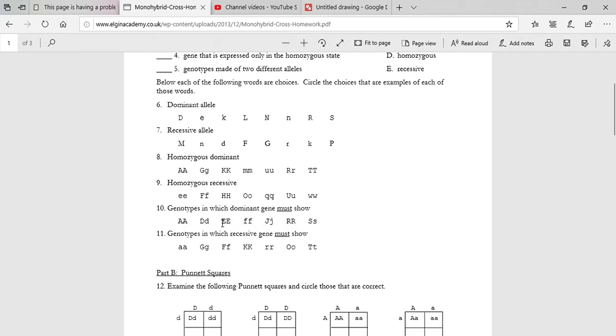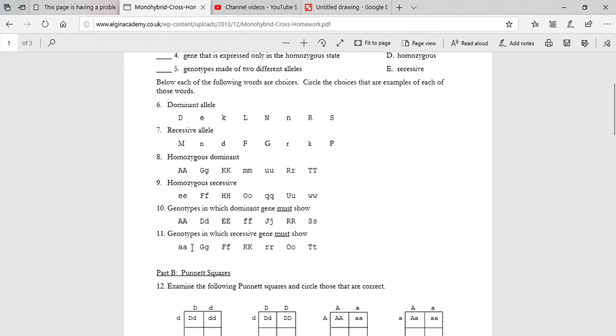They're all homozygous dominant, but they would also show in heterozygous situations, for example, over here, because what you have over here is a dominant allele and a recessive allele. Because the dominant gets expressed, the dominant gene would show in this case. It will also show in the case of JJ and SS.